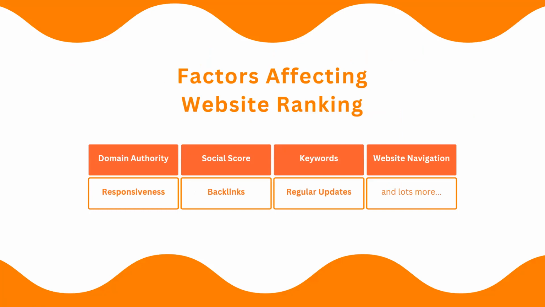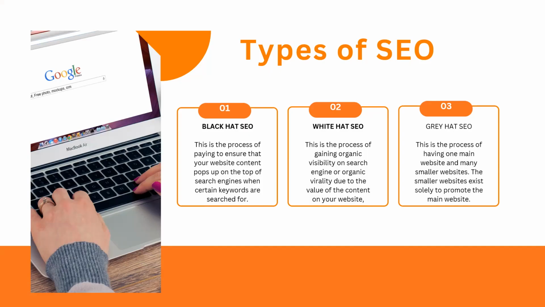So, factors that affect website ranking. Let me take it back a little bit. Have you ever gone on Google and searched for something, and then you see a result at the top that shows sponsored or advert just before it? Have you experienced that before?